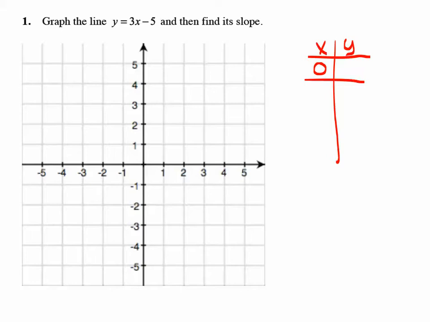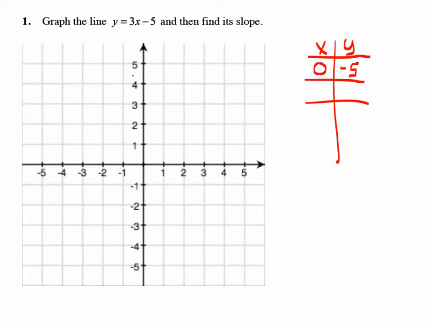Alright, so for us, I'm going to plug in the easiest number to plug in, which is 0. 0 times 3 is 0, minus 5 is a minus 5, negative 5. And we learned from yesterday, we just need another number, right? We just need another point somewhere. And since this is not a fraction, I can really plug in any number I like.